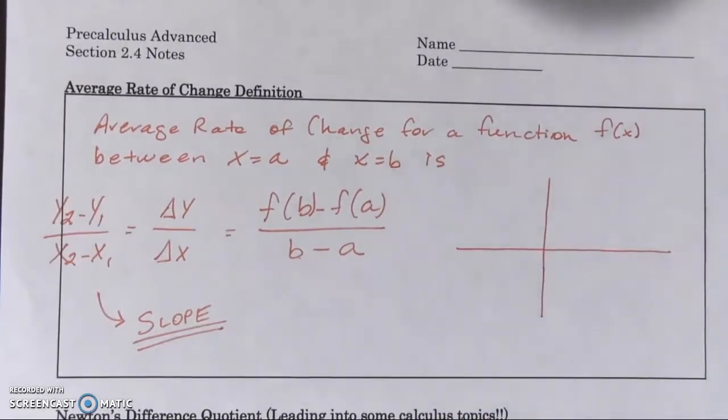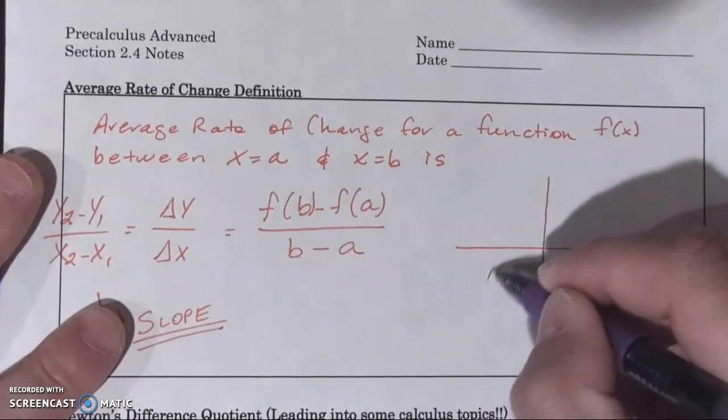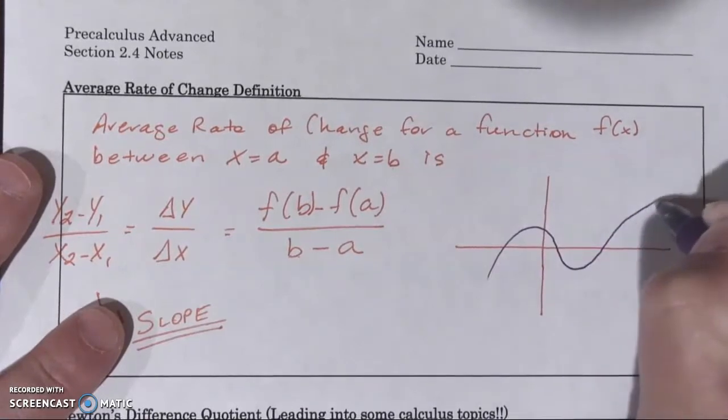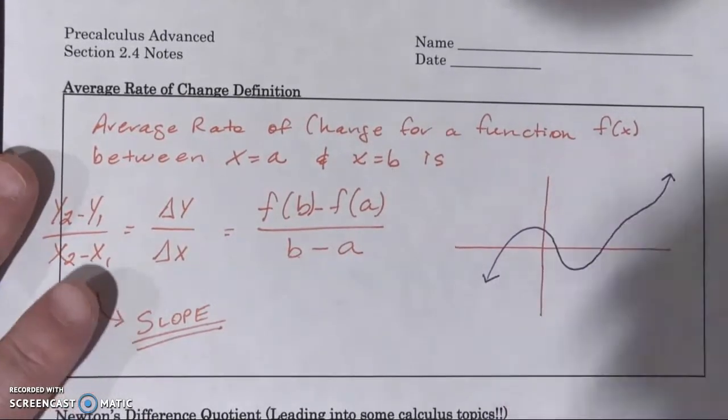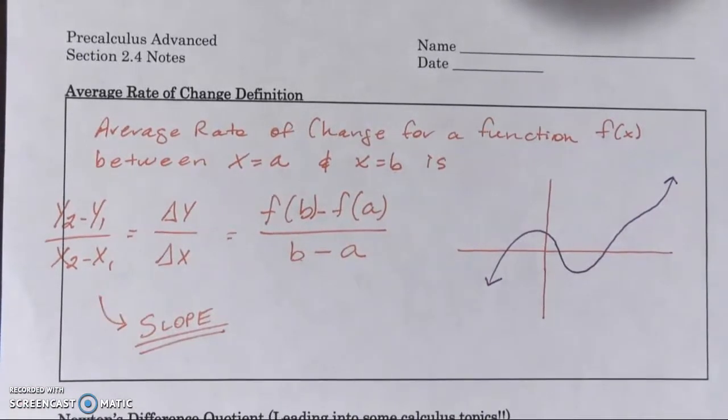So, we could just use slope if all of the functions we were talking about were linear, but we want to talk about average rate of change for any type of function, between 2 points on any function. So if we drew just something like this, okay, and we pick out 2 points that we want to know the average rate of change between.